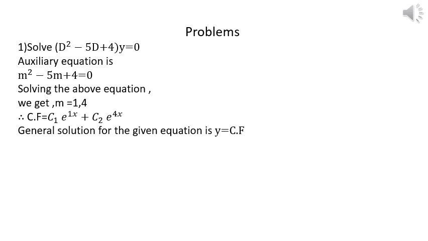Is it clear? If all the terms, d square term, d term, constant term, are there, you go for the general method. Okay, this is applicable to all the problems. In few problems, the factorization method is applicable.